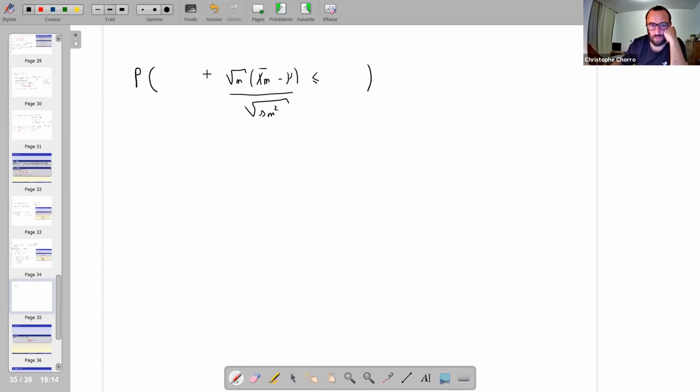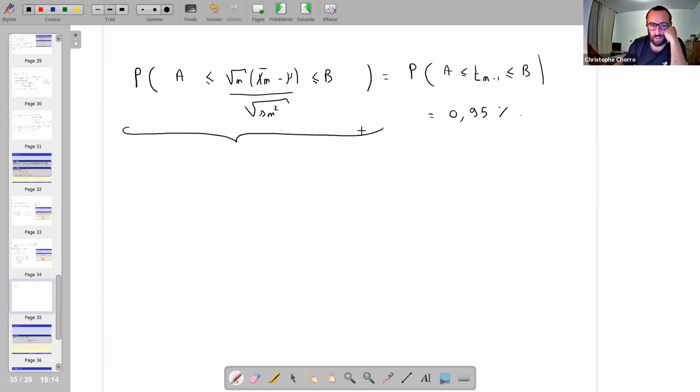If I wanted to take this probability, it is the probability that a student T of parameter n minus 1 is greater than A and less than B. I will have tables to compute this kind of quantity, and if I choose A and B in a good way, I will obtain 95% for this one. And this one may be written in several steps. So I can multiply by the square root.